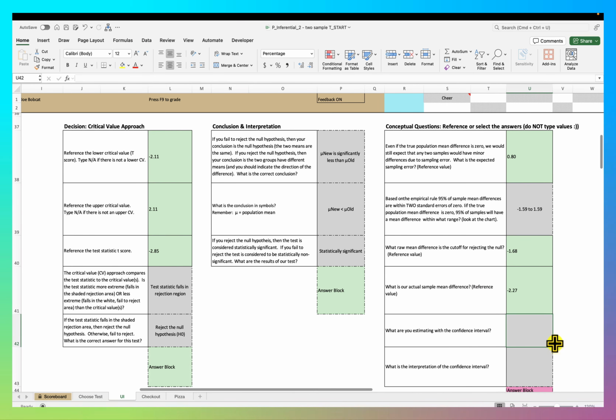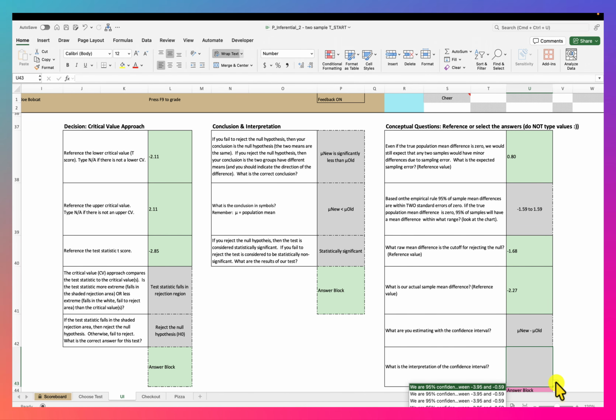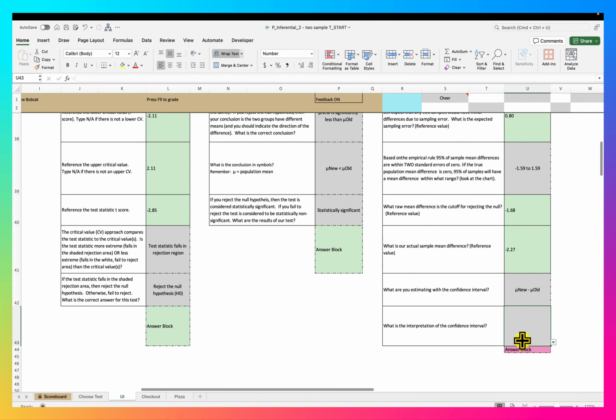And what are you estimating with the confidence interval? You're estimating the difference between the two populations that these two samples came from, assuming they came from two different populations. And what's our interpretation of the confidence interval?